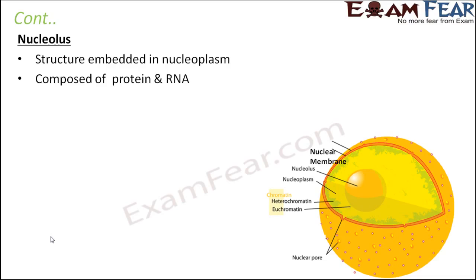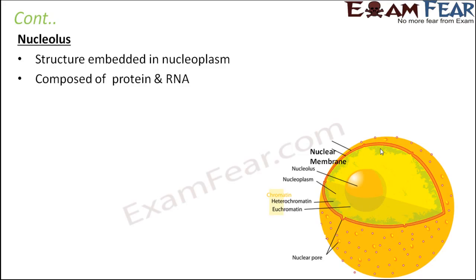As I mentioned before, the nucleus contains chromatin threads. So here you can see the chromatin threads. These chromatin threads contain genes that can make RNA. So in the chromatin thread you have genes, and genes are capable of making RNA. These RNA molecules remain loosely attached to the genes.